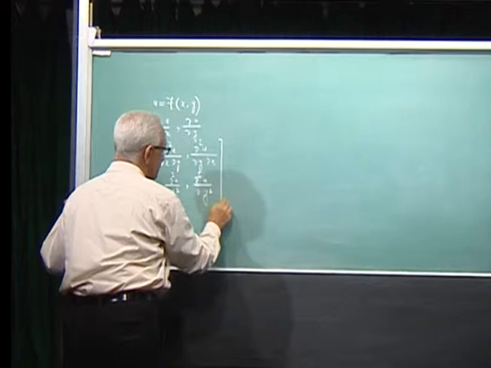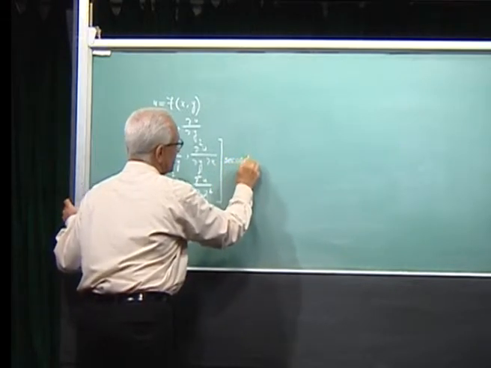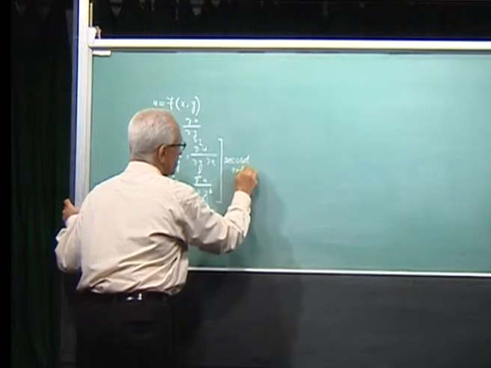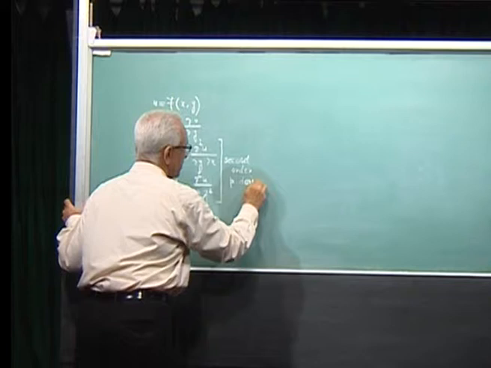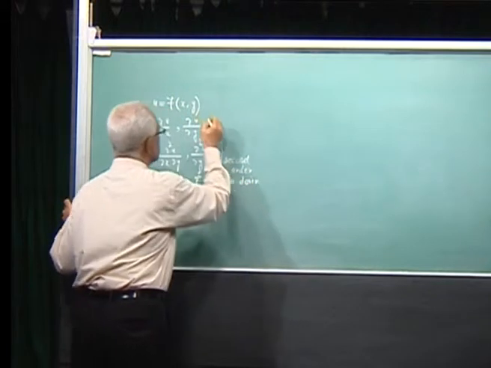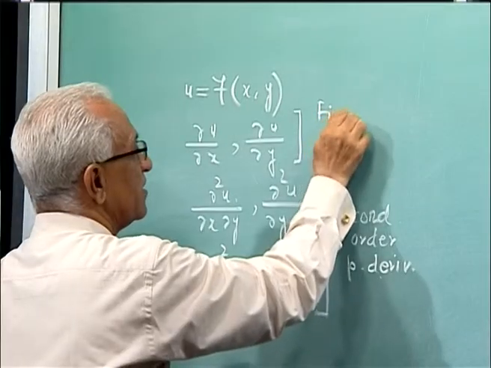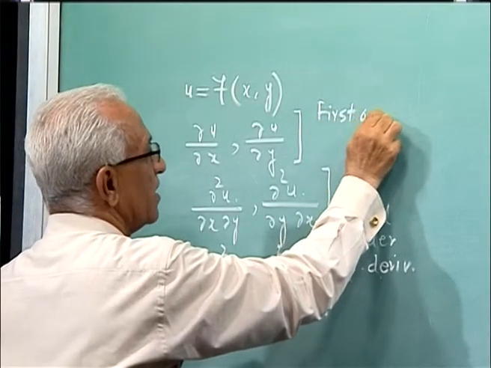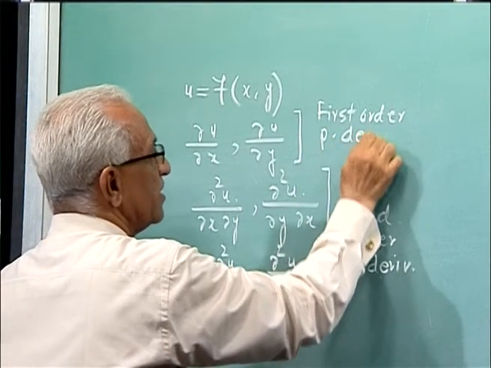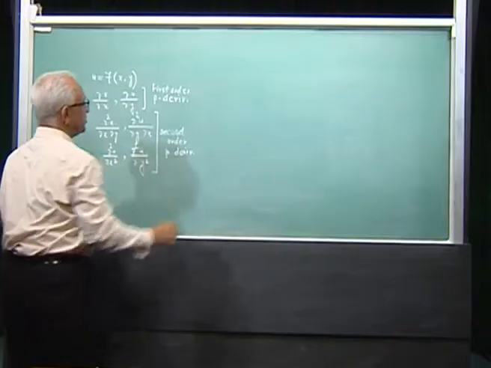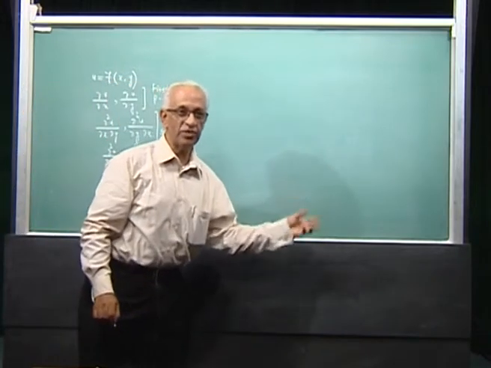Remember, these two are called second order partial derivatives, and this, as you know, is called first order partial derivatives. This we have done during the last two lectures.